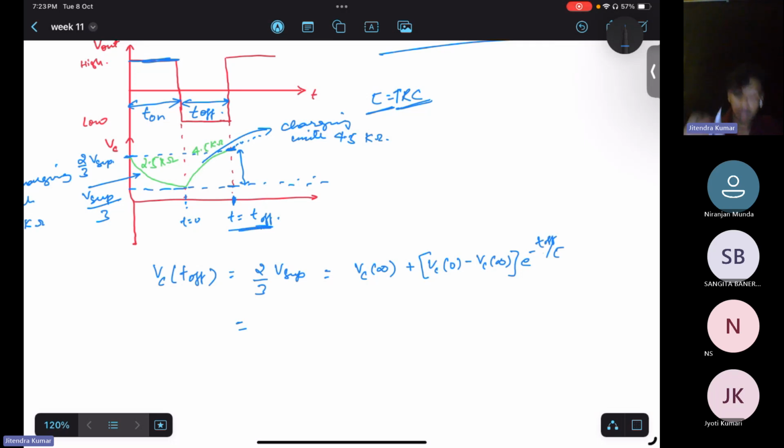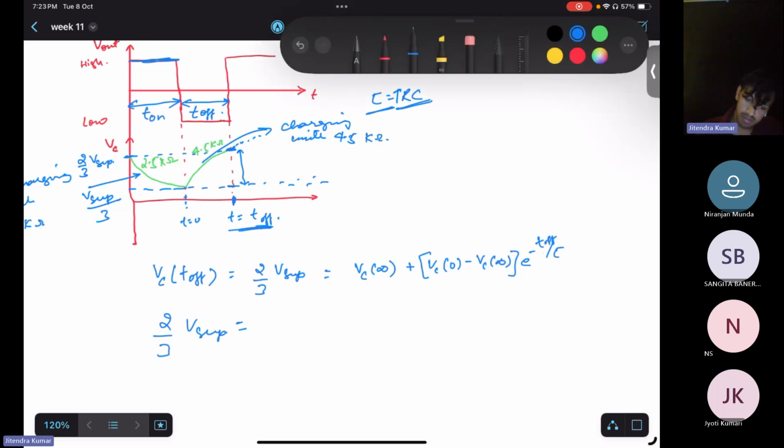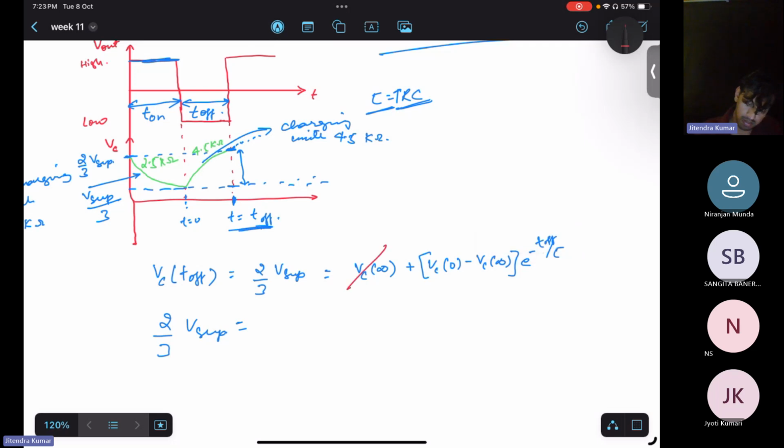Okay. So 2 by 3 V supply. What is the value of VC infinity? It is charging and it will go until we supply, isn't it? What is the value of VC0?